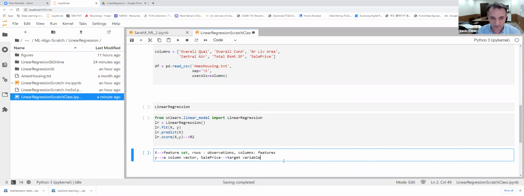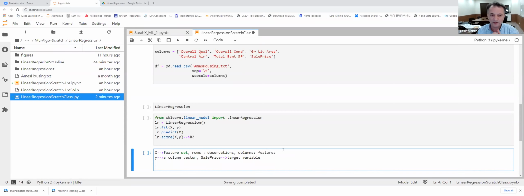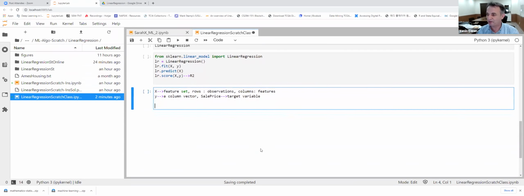The way linear regression works is, I'm going to have one coefficient for each feature, multiply each feature by its corresponding coefficient, and then add it up.